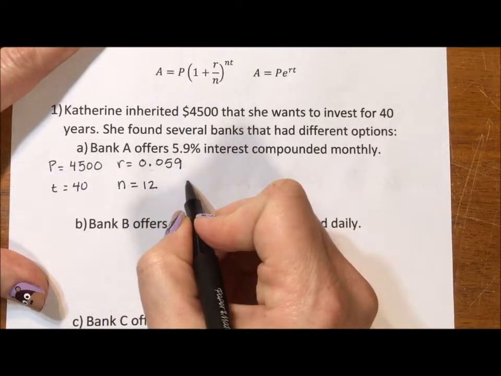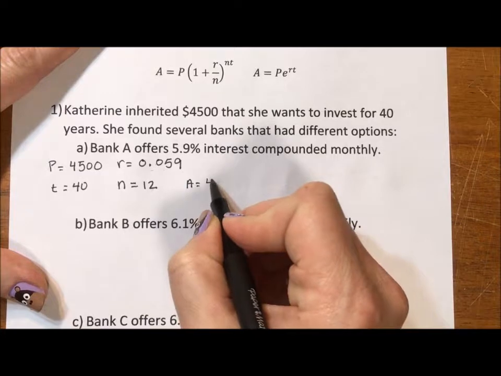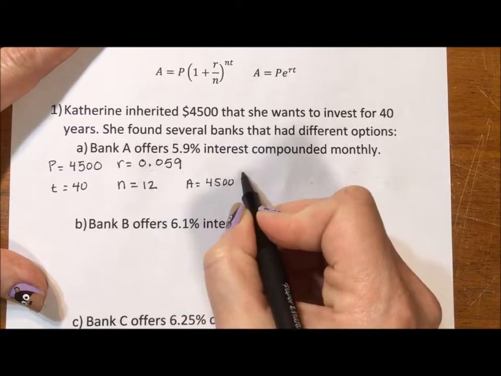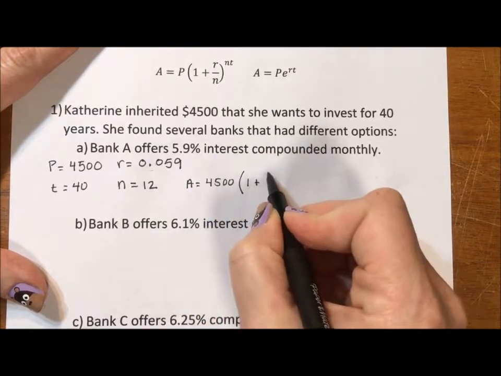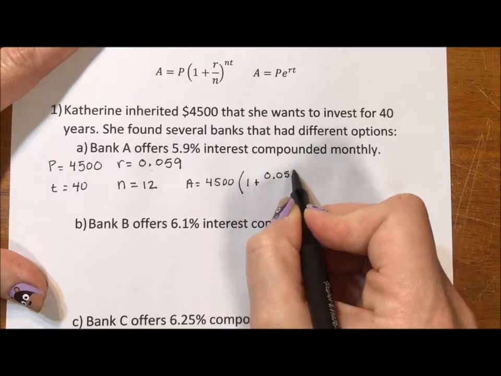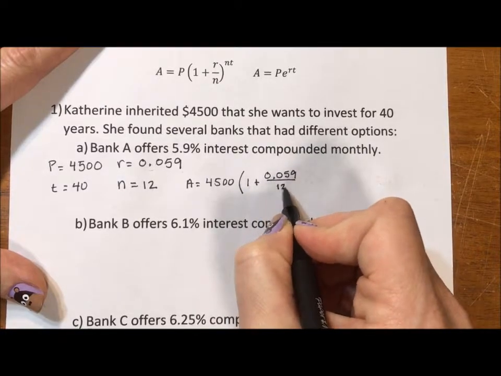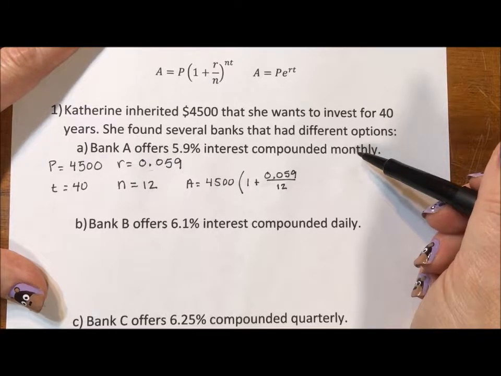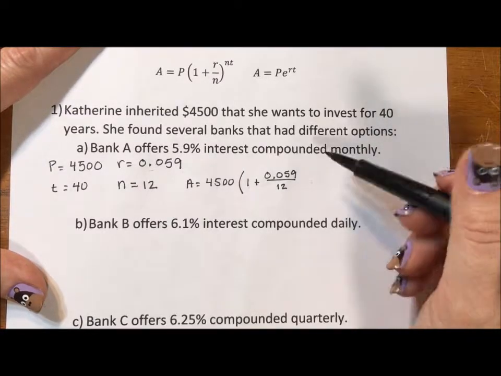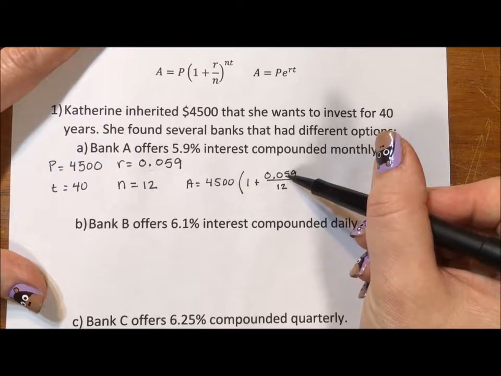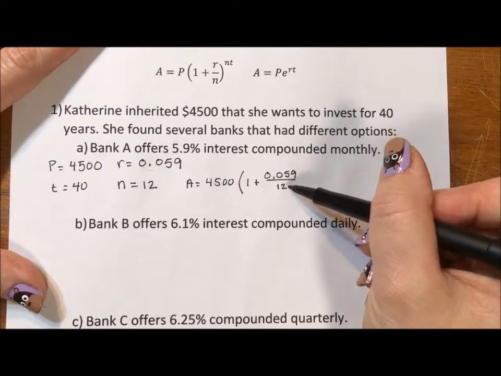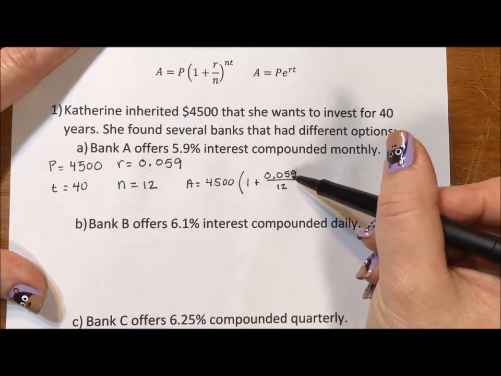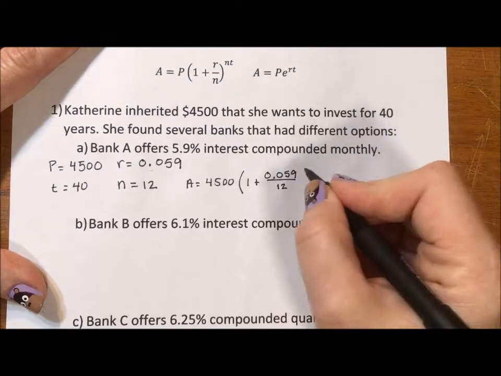So when we put this together, we have A equals $4,500 times 1 plus 0.059 divided by 12. Because this is compounding monthly, but we're trying to calculate yearly, we take the 0.059 yearly rate and divide it by 12 to figure out what chunk gets applied each month.